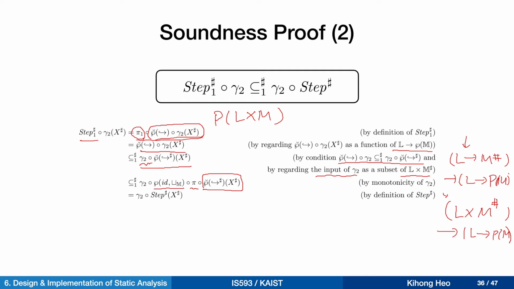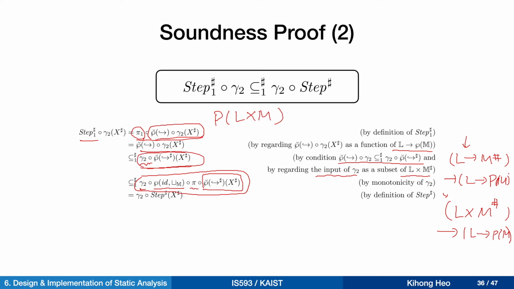Because the least upper bound is larger than each argument, right? And then the gamma function here is monotone, right? Then the whole abstract element, this one, is larger than this one.